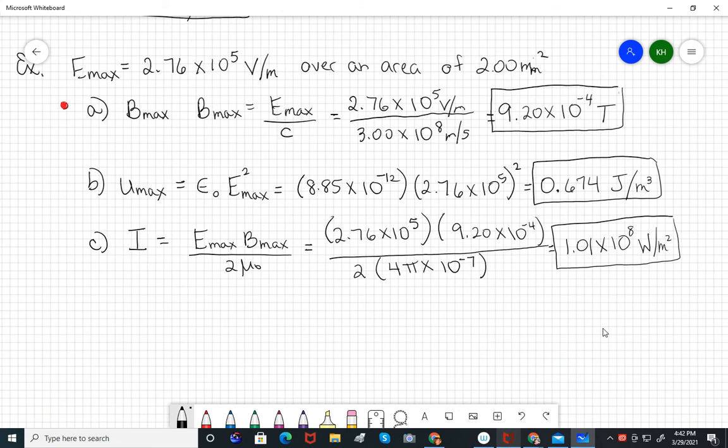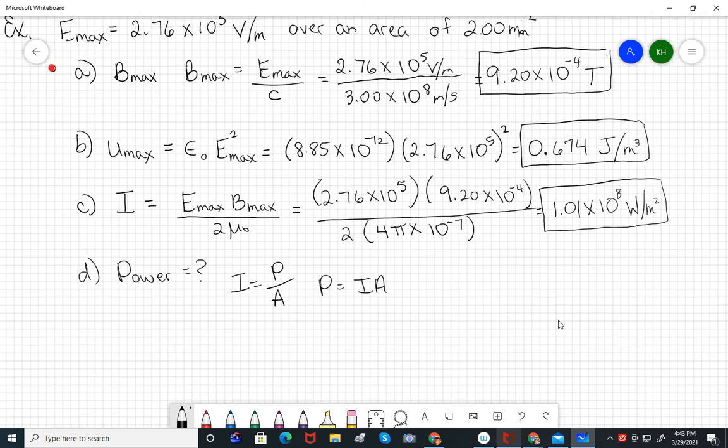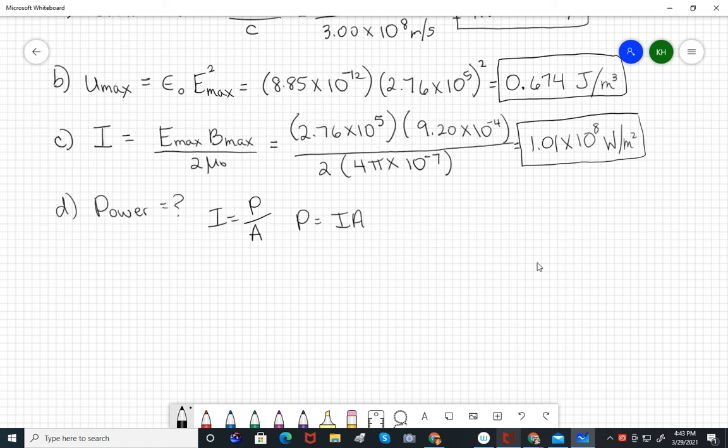And finally for D, they ask us to find what the power equals. Well, remember, power is watts. Intensity is the power divided by the area. So our power is the intensity times the area. We're going to have to change our area of 2 square millimeters. That shouldn't be too hard. Our intensity is 1.01 times 10 to the 8th watts per meter squared.